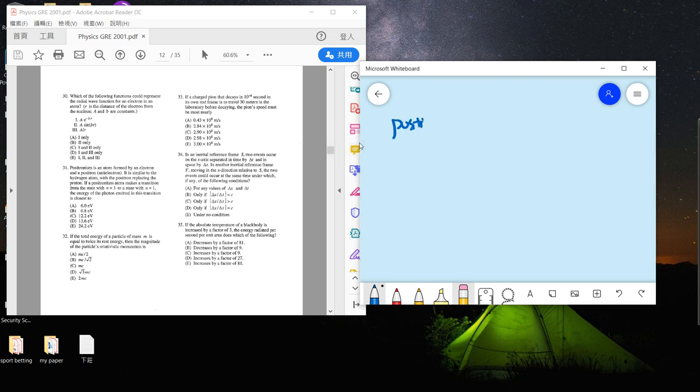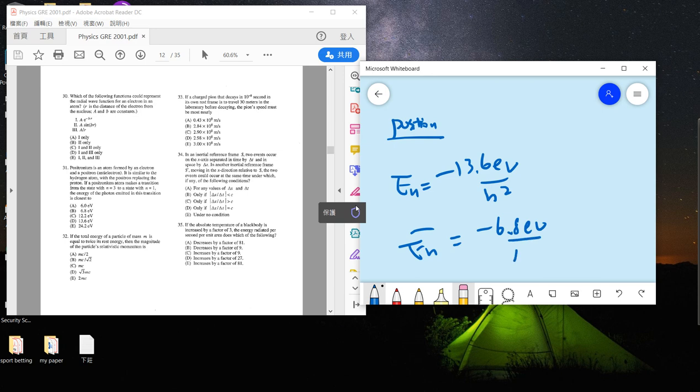I would just tell you the answer, but the difference for positronium is that you replace the proton with a positron, so the effective mass is half of the original. Basically, the hydrogen atom has this, and the positronium is just this divided by 2. So this is the formula for the positronium.